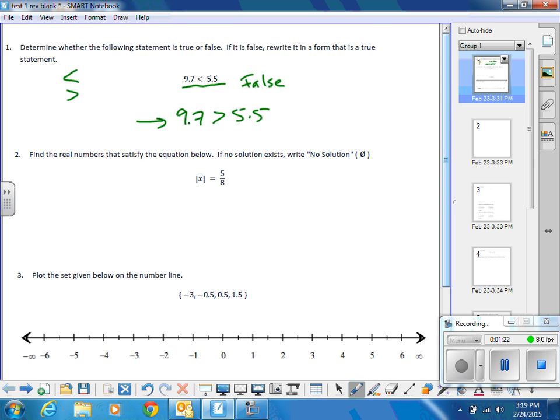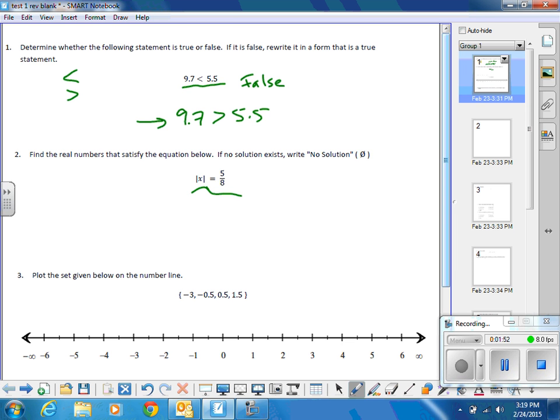Now the next one says find the real numbers that satisfy the equation below. If no solution exists, write no solution. So this is absolute value, and if you remember about absolute value, it represents distance on the number line. Distance is always positive, even though numbers on a number line can be negative. That's why you always have something like x in these absolute value brackets equal to a positive number, 5/8.